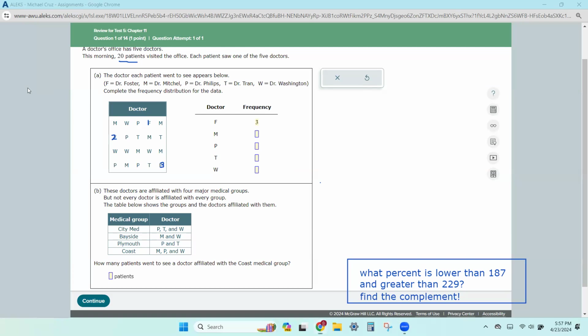Now let's go to the M's. 1, 2, 3, 4, 5, 6.